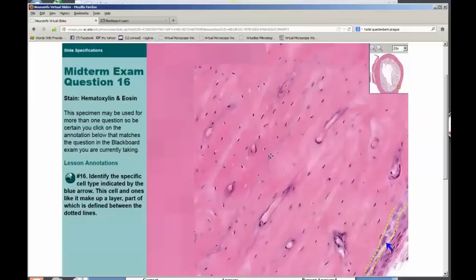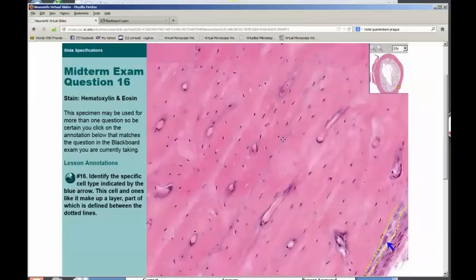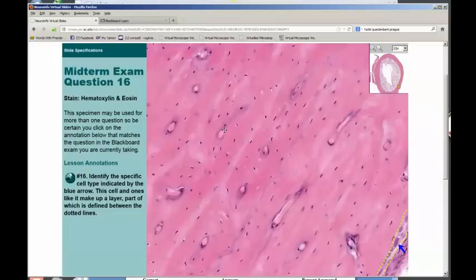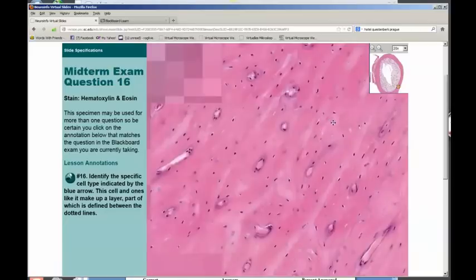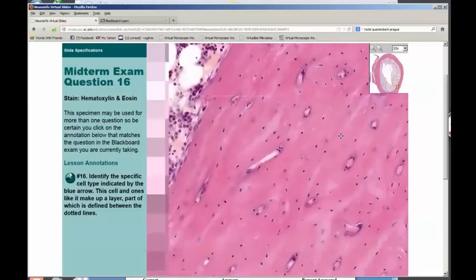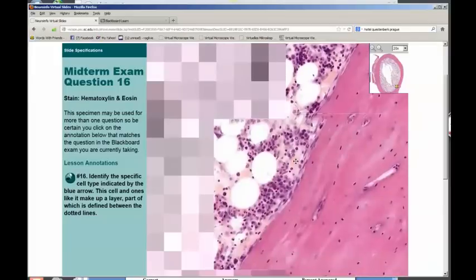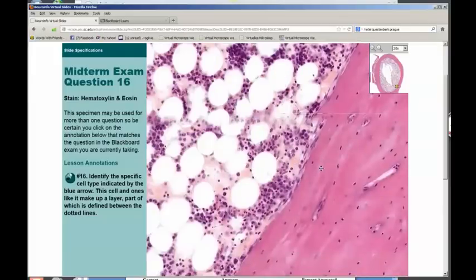But if you move over here, you see now these nuclei in little spaces, and you see occasional little holes here that have a blood vessel in them. So this should remind you of bone, and the bone is compact bone. If you move over here, you come to bone marrow.